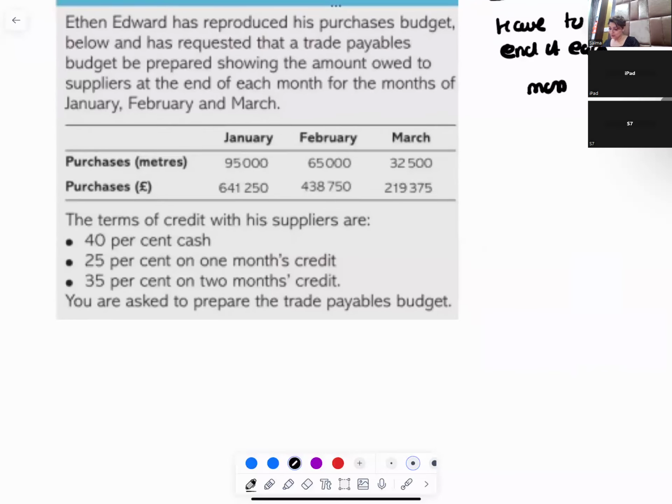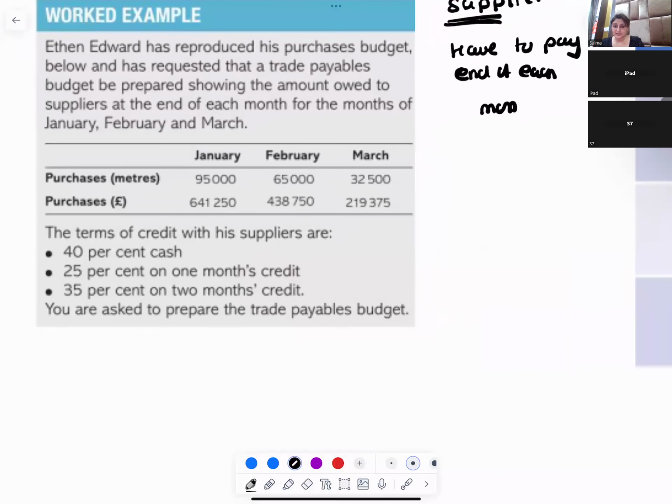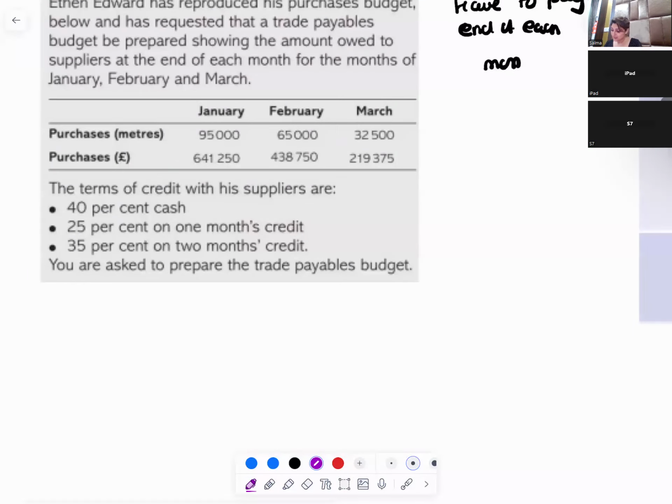So we have purchases for Jan, Feb, and March. Purchases for Jan is 641,250.